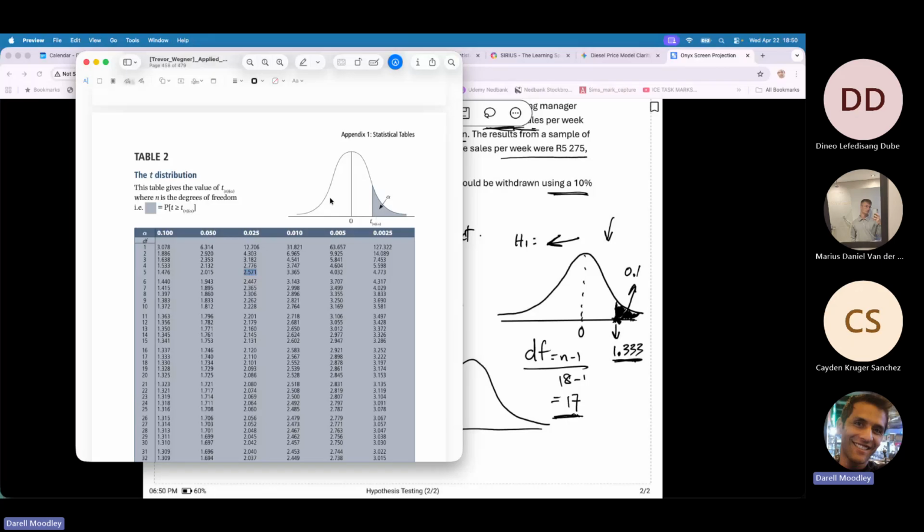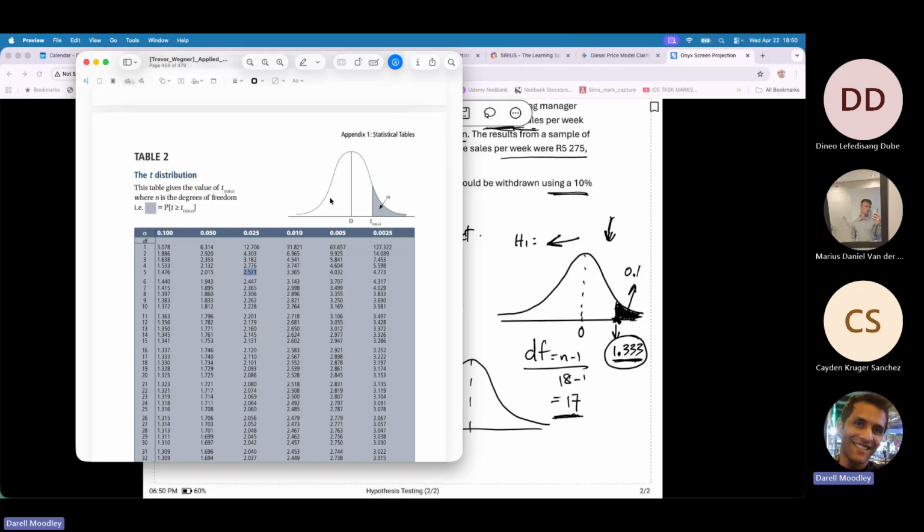So you've already done the work for its positive counterpart. You've worked out the value of 1.333 when we are working with the equivalent right-hand side of the curve.